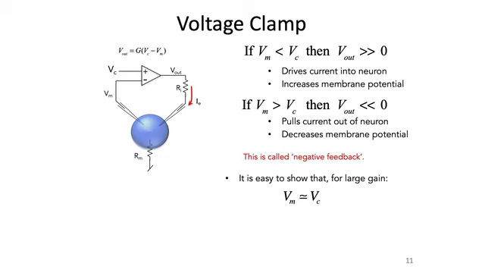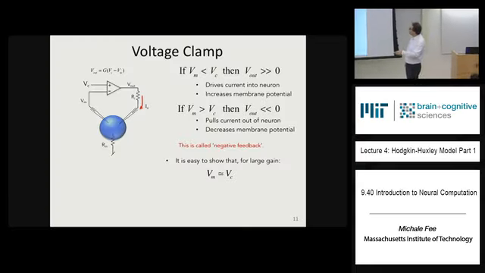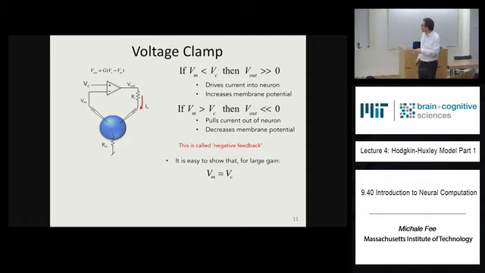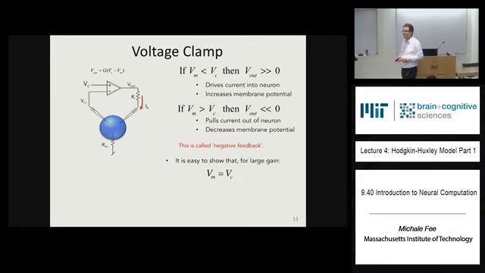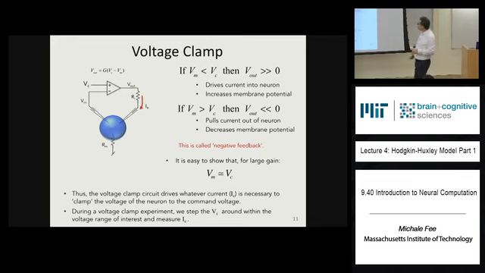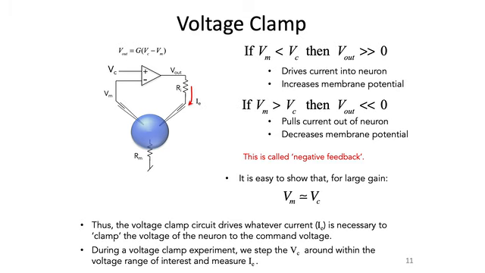And you can show, if you just plug in these variables into a couple of equations, that as long as the gain is big enough, the membrane potential is forced to be very close to the command voltage. All right, so that's the voltage clamp. It drives whatever current is necessary to clamp the voltage of the cell at the command voltage. And then what we do is during an experiment, we step the command voltage around.